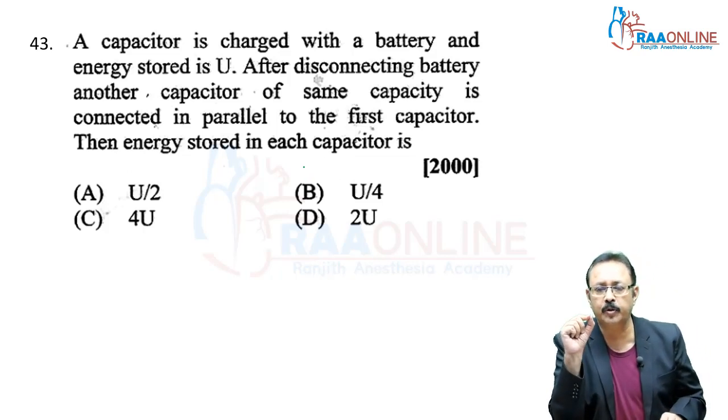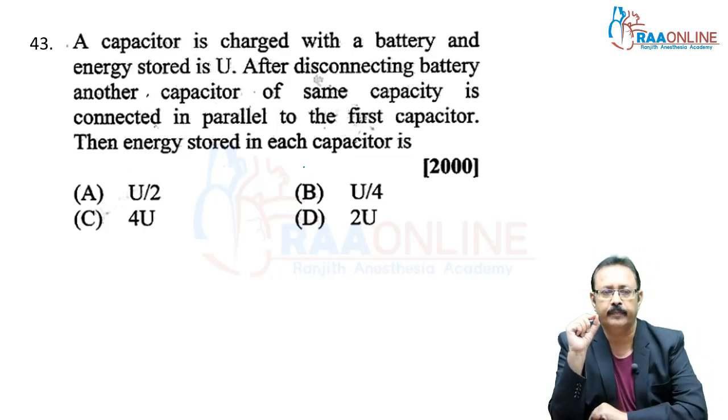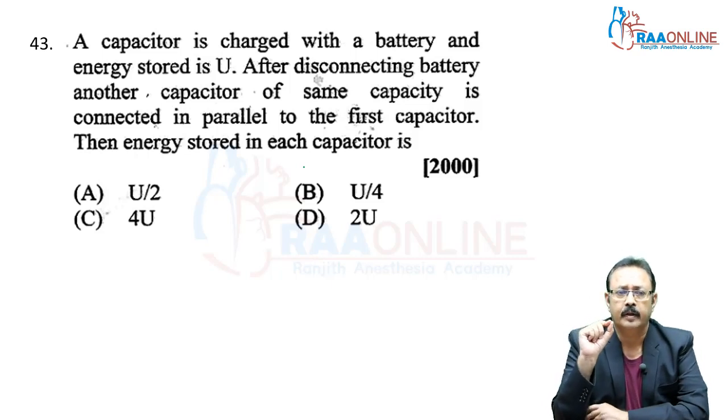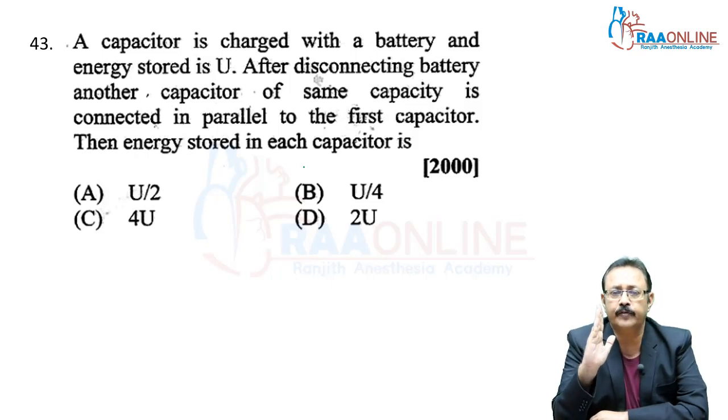Next, it is from 2000 AIPMT. A capacitor is charged with a battery and the energy stored is U. After disconnecting the battery, I told you disconnecting the battery means making Q constant. Another capacitor of the same capacity is connected in parallel. The energy stored in each capacitor is?